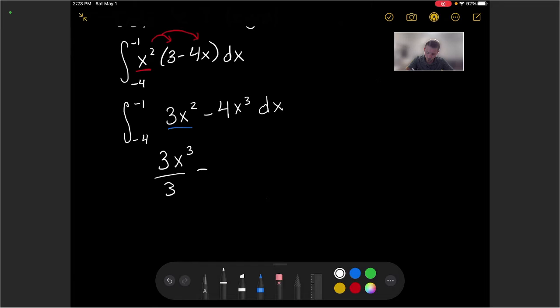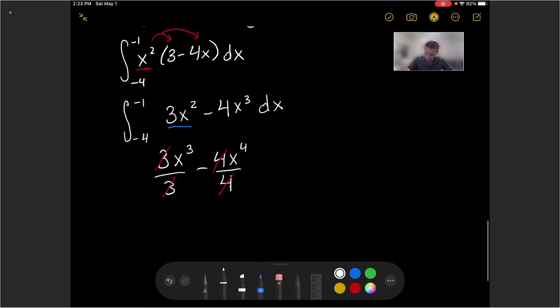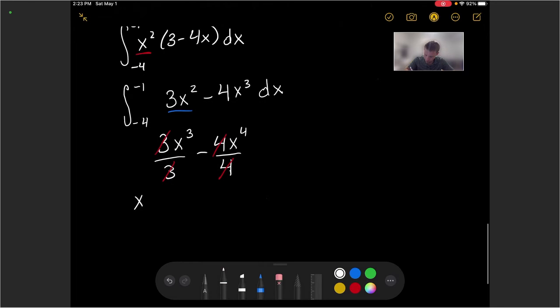Minus, we'll have 4, x to the third becomes x to the fourth over 4. We'll notice that each of these will nicely cancel out. We'll have the 3's cancel, the 4's cancel, and I'm left with x to the third minus x to the fourth.